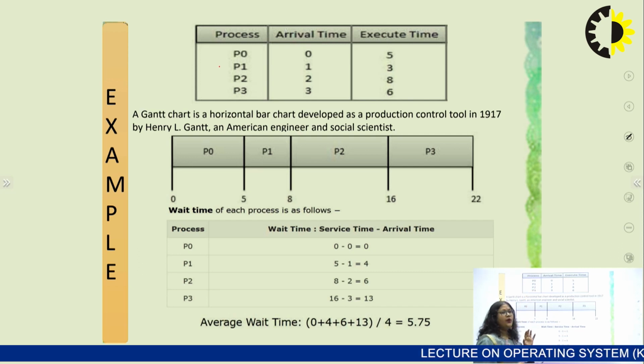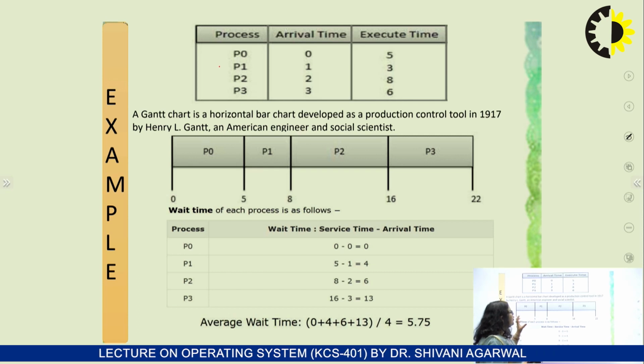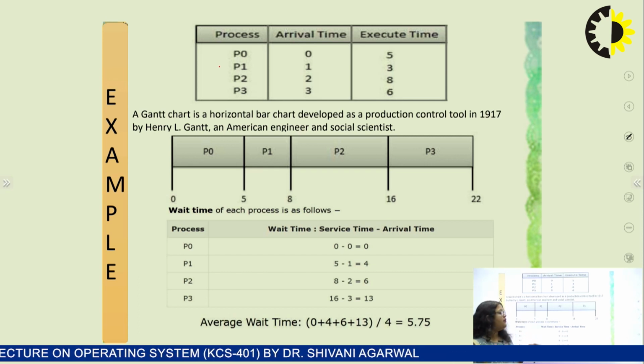So we allocate the processor to P1 at time 5, because this is a non-preemptive mechanism. We don't preempt any process in between until its processing time is finished.